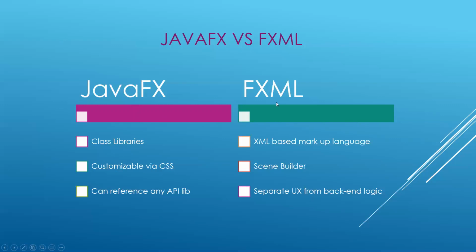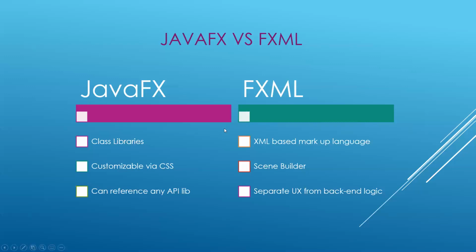Now, the other option is using an FXML file, and XML stands for Extensible Markup Language. So this does give you the ability to code using a markup language syntax. So it's very familiar to those of you who are familiar with HTML and CSS.